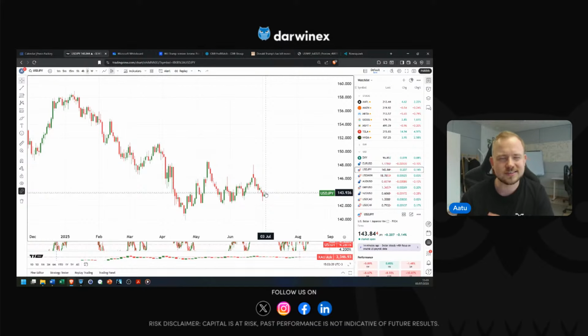Oftentimes, positioning is an indicator. For example, during many up and down trends on the yen, positioning was very extended all the time, but the trend kept going. So it can be a bit misleading. That being said, if this report is as usual, we think it could still stay in the range.